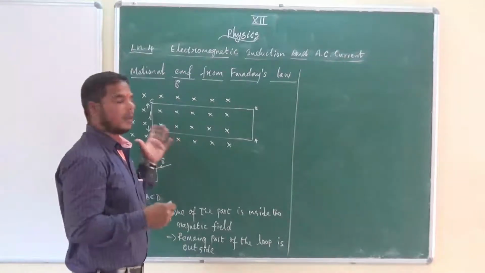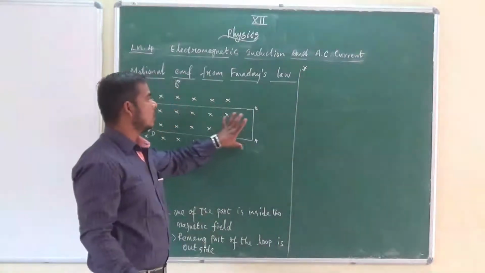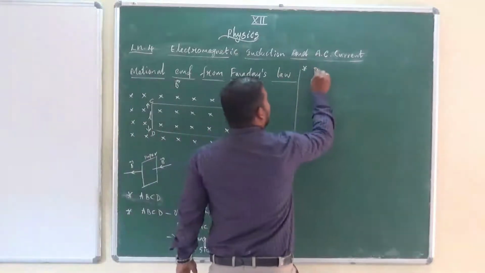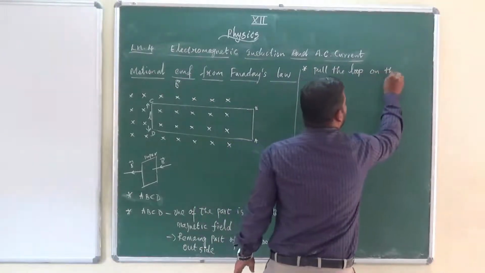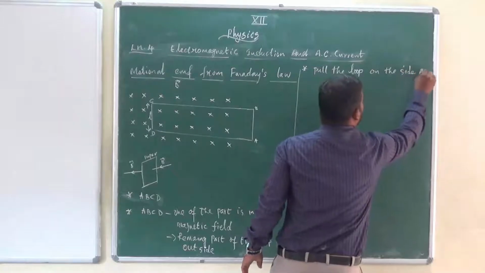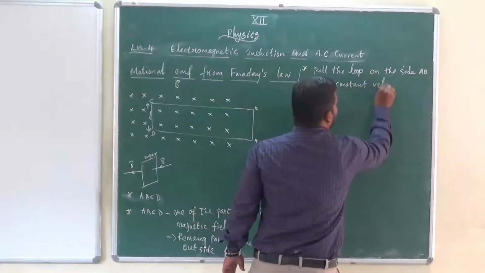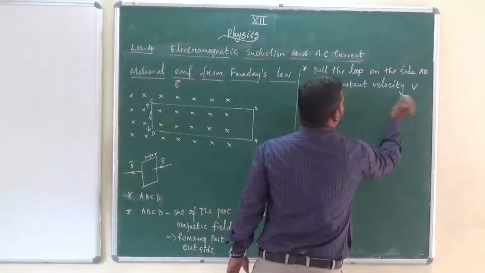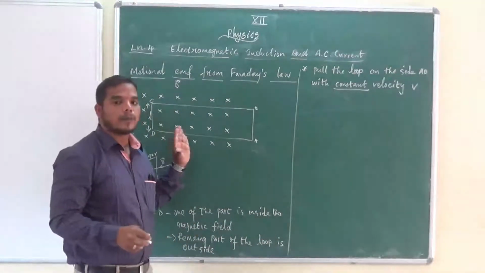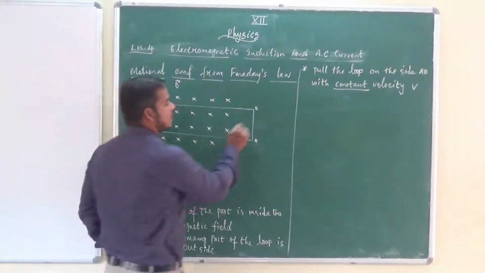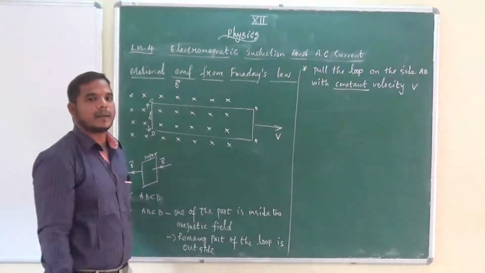The length and breadth are denoted by L. Next, we have to pull the loop in the side AB with constant velocity V. What happens when the loop is pulled with a certain constant velocity towards the right side of the magnetic field?